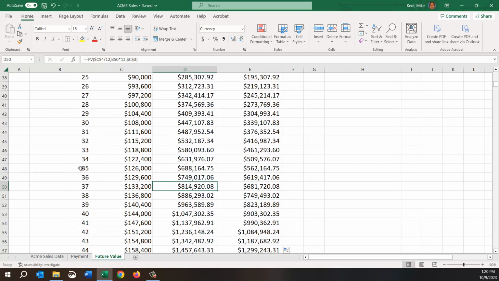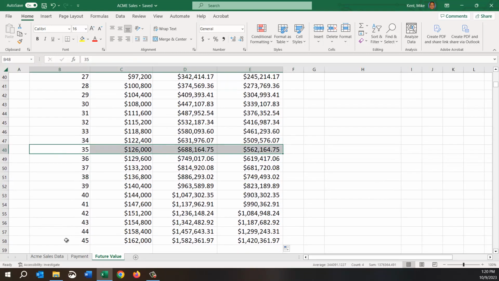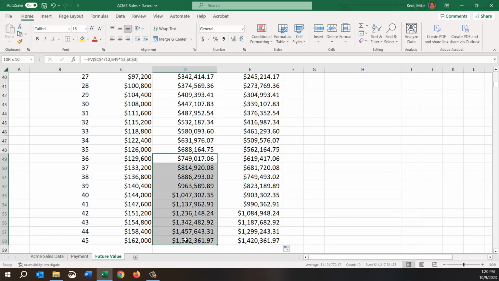So if we look at 35 years versus 45 years, you can see that last 10 years, the value of my investment is just rocketing up. I go from $688,000 to $1,582,000.